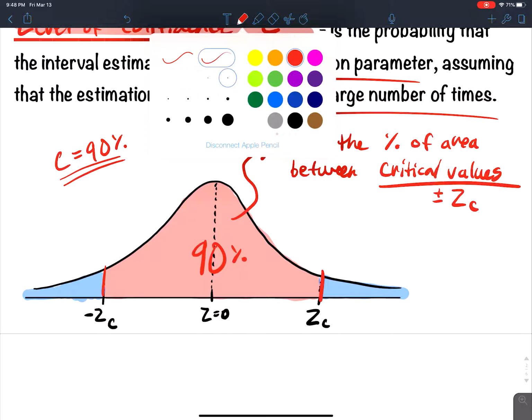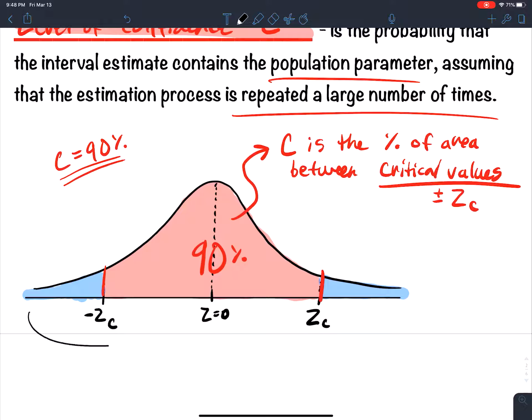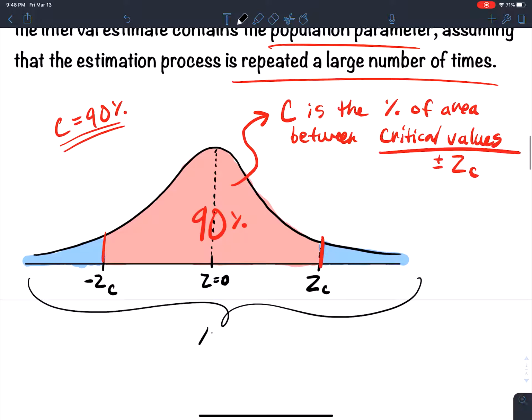Well, how much total area do we have under the curve? If we consider all possibilities, there's 100%, right? What do I know about the left side and the right side? When I look at those two tails, what do I know about the area? The areas are the same. So all we really have to do is figure out how much area is left.